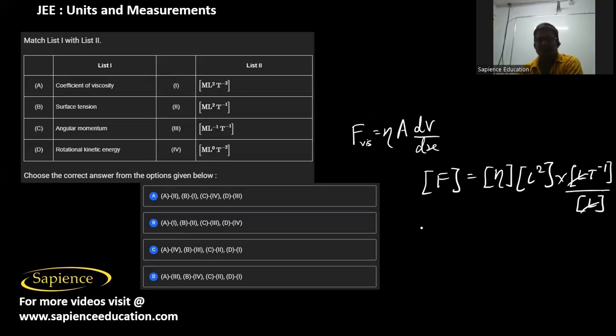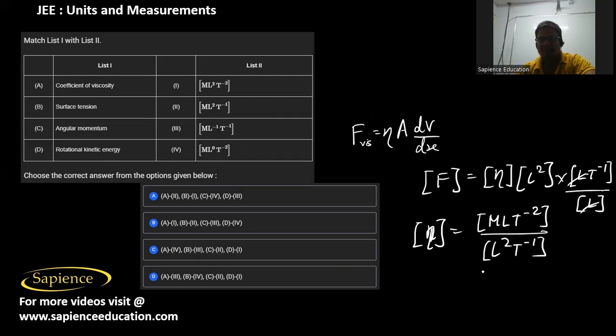Therefore the dimensional formula for eta is equal to the dimensional formula for force, which is M L T power minus 2, divided by L square T power minus 1. So this will be M L power minus 1 T power minus 1. This is the dimensional formula for coefficient of viscosity.